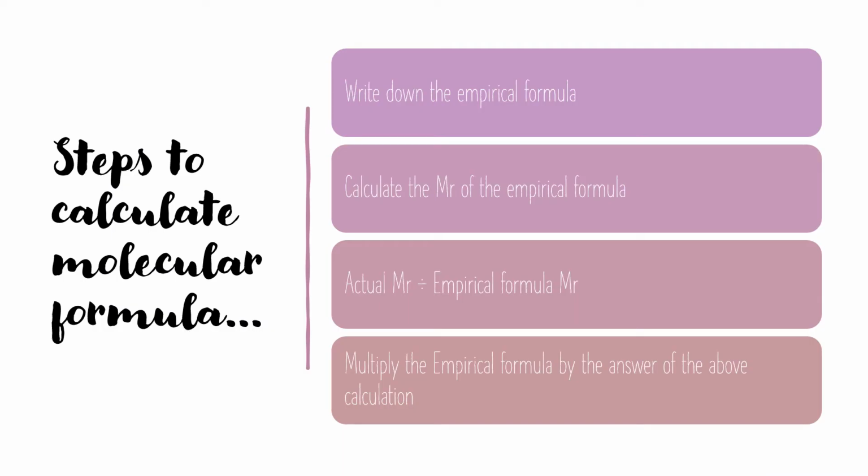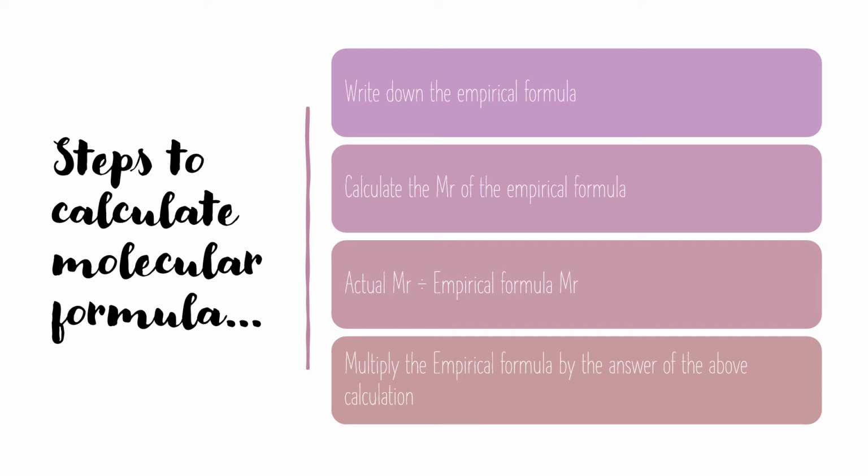Now, we did study calculating molecular formula last year. So again, this is just another recap. So these are your steps. The first thing you need to do is write down the empirical formula. And from yesterday's lesson, you should be able to do that. Then you need to calculate the MR of the empirical formula. So what's the total of the mass numbers in that empirical formula? Then what you want to do is take the actual MR of the molecule.